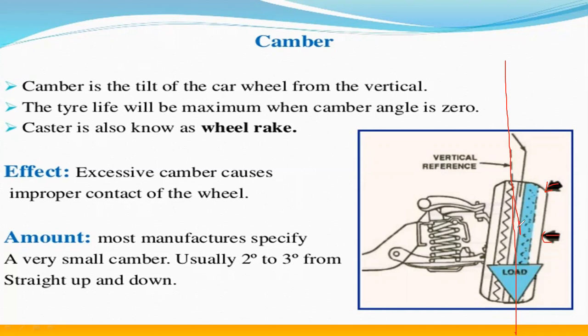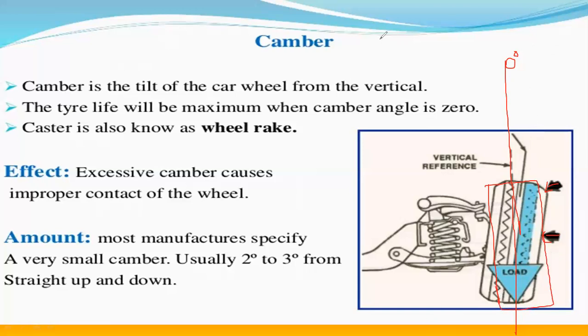So the camber position may be 0, 1, 2, or 3 degrees, and it should be maintained. The 0 degree position is the vertical position. It should not have any amount of angle. The vertical position is like this.